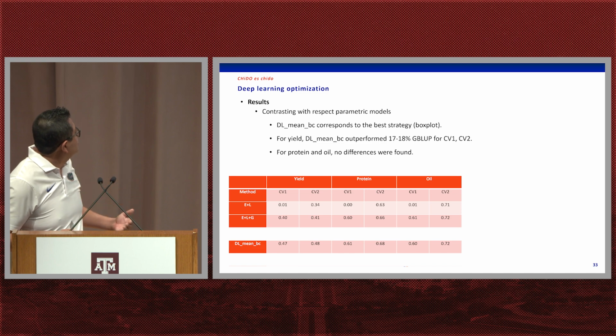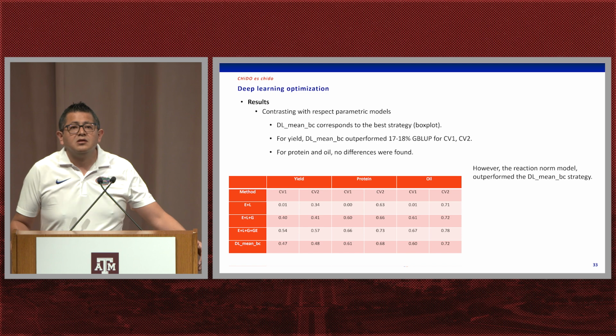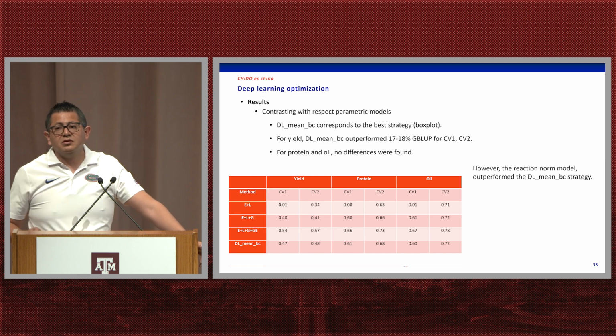Anyway, we were curious and wanted to contrast against the model that includes the GY interaction, and we found that although deep learning outperformed the main effects model, it was no better than the reaction norm model.